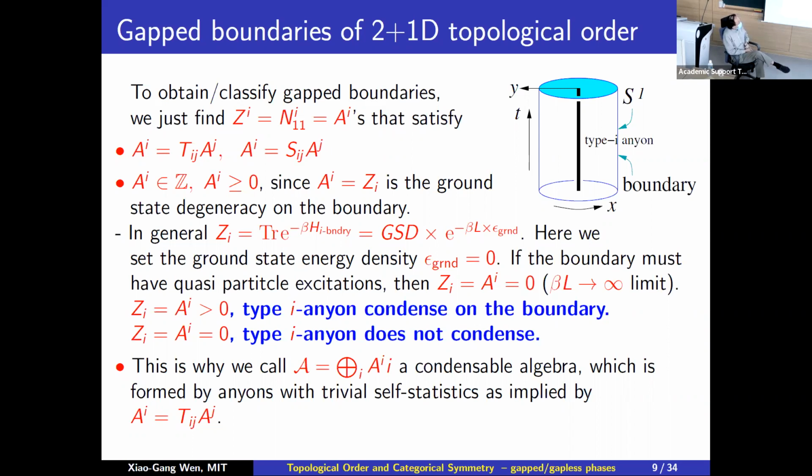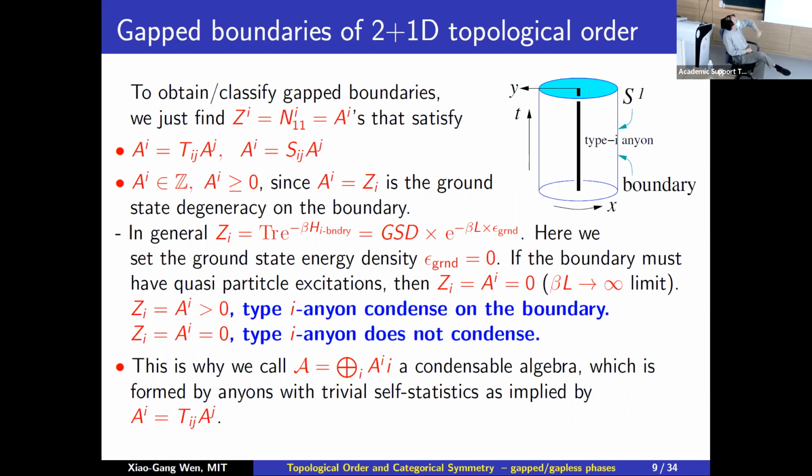That's one point. Then another point is what a_i being 0 means. a is labeled by this anyon index. Some a_i are non-zero, describing ground state degeneracy, and some a_i equal 0. So what's the meaning of 0?